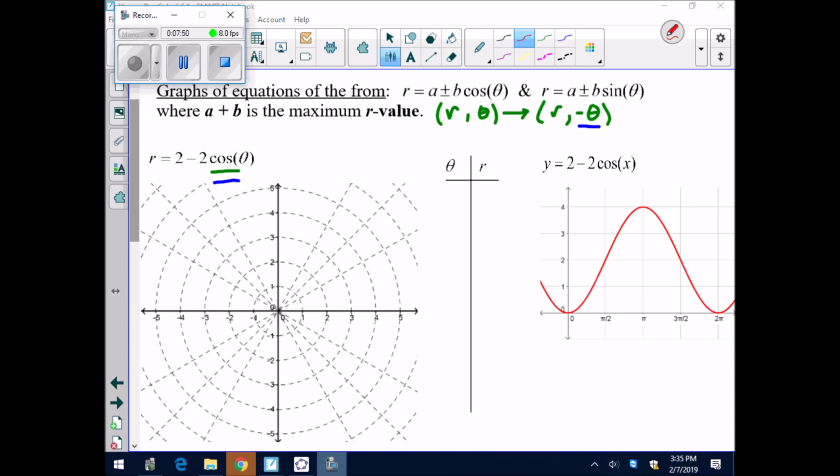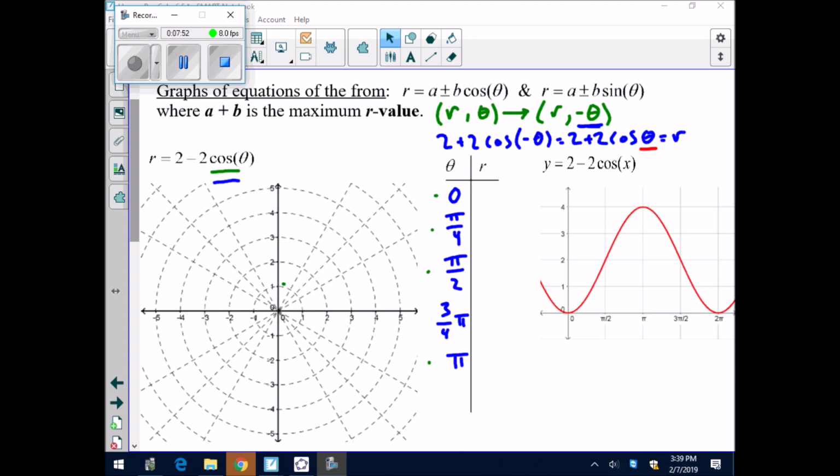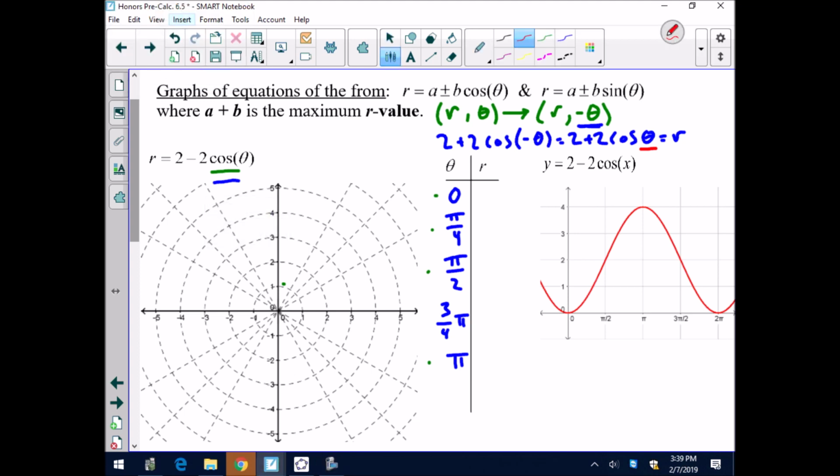All right, guys, so right here we have our polar equation with the negative theta plugged in. And what we can see here is that because cosine is an even function, when we evaluate cosine of a negative theta, it's the same as evaluating cosine of positive theta.